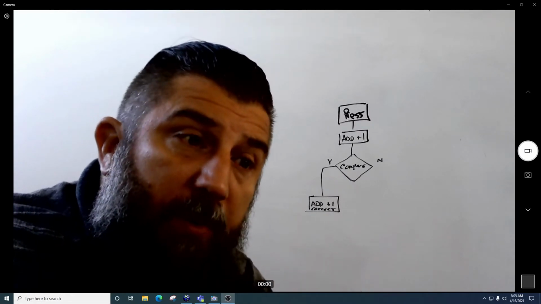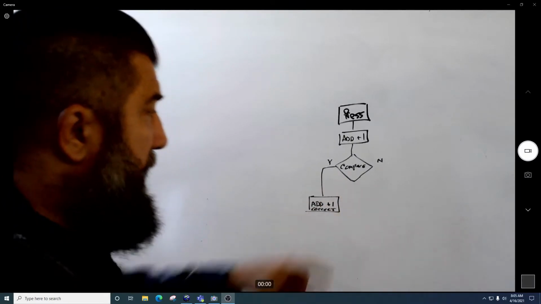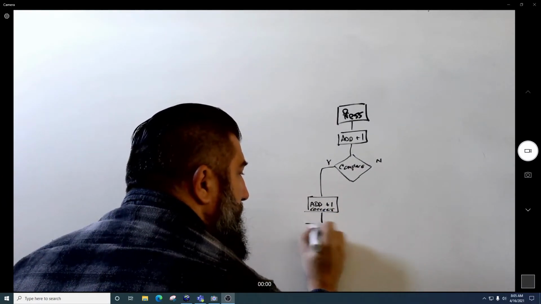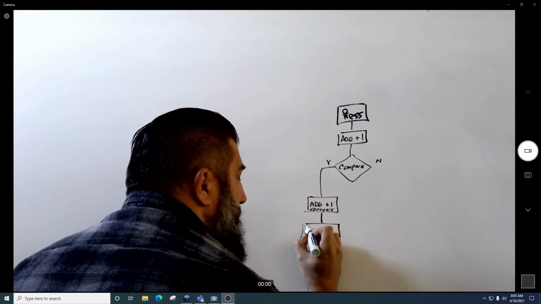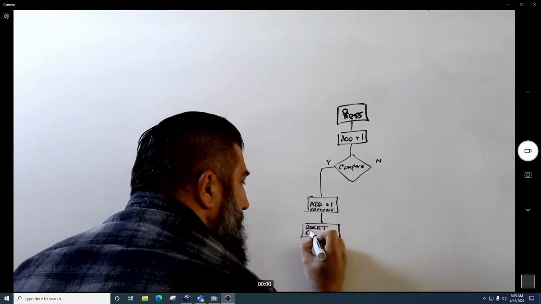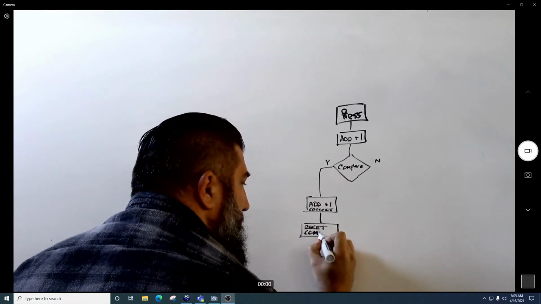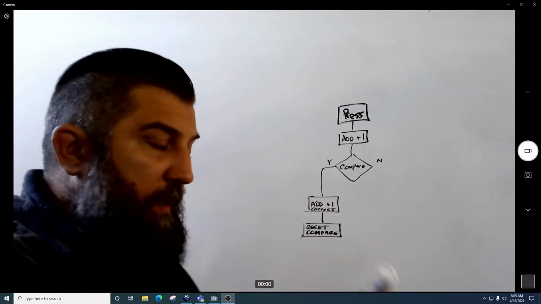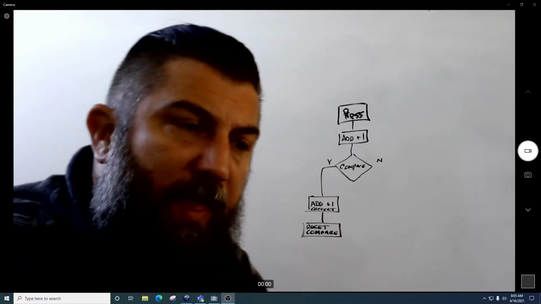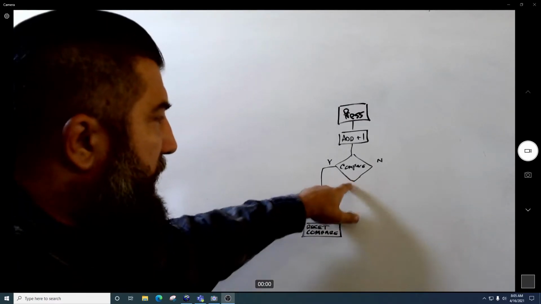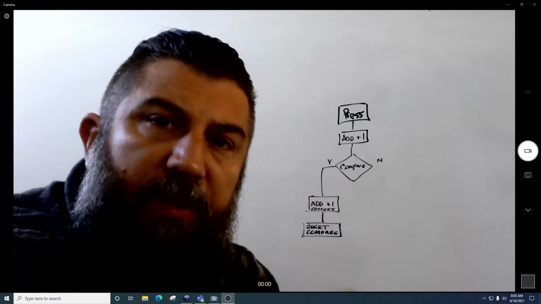So the first one, if they get it right, then we're going to go ahead and reset the comparison. What I mean by that is when the game starts, this compare is looking for the first digit of the code.